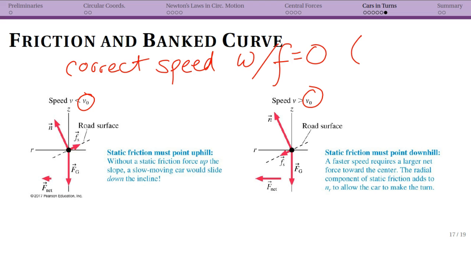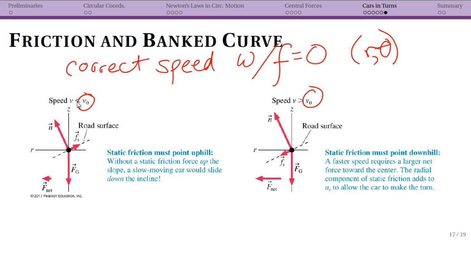And that is assuming a certain radius and actually a certain angle as well. So again, in that previous situation, we could calculate a specific speed that would be the correct speed for the car to take that turn based on the radius and the angle where your forces balance and your normal force just works. Well, what if you go a little bit slower or a little bit faster?